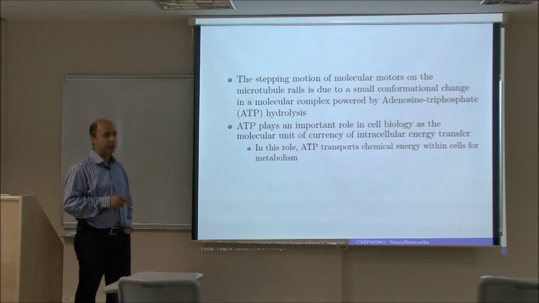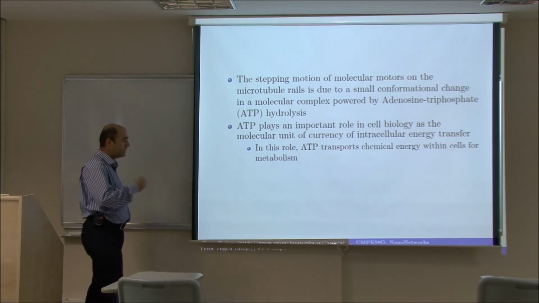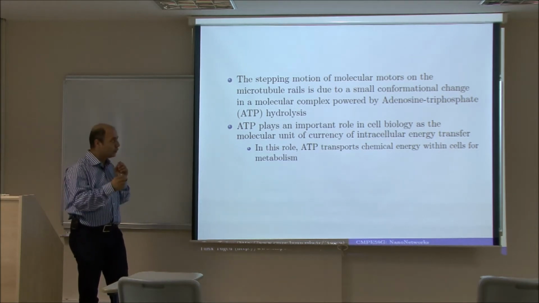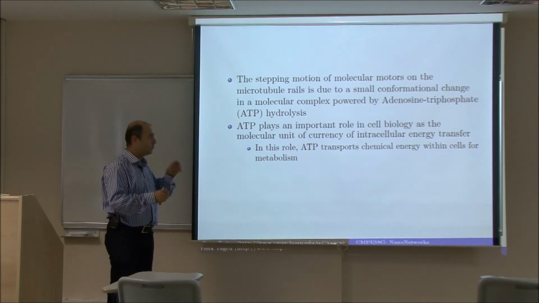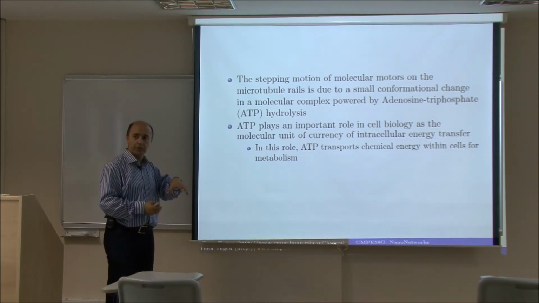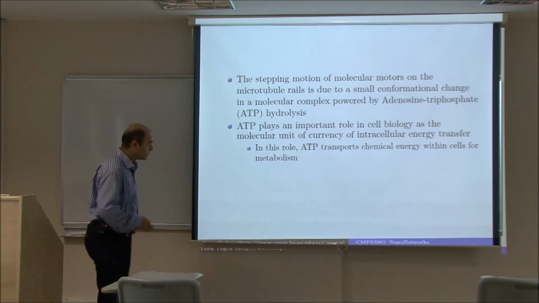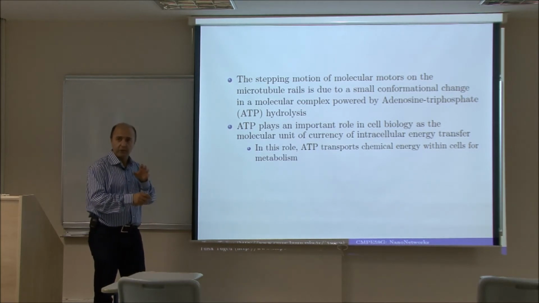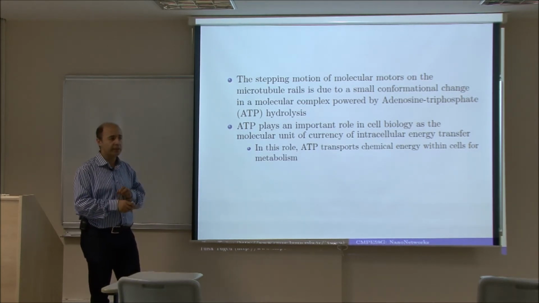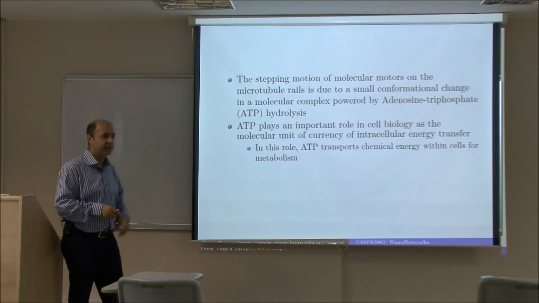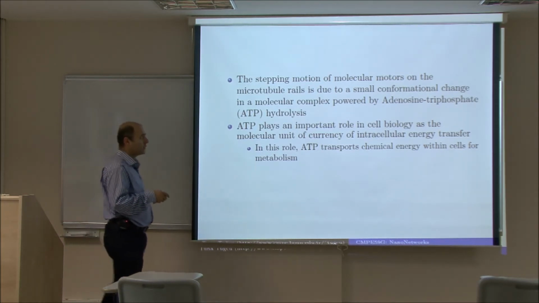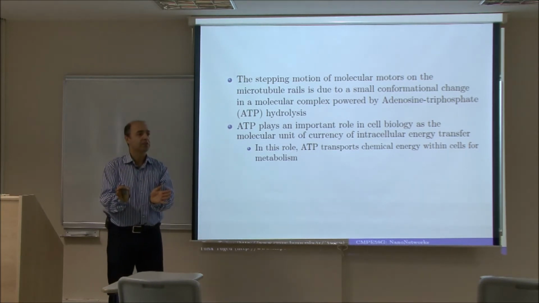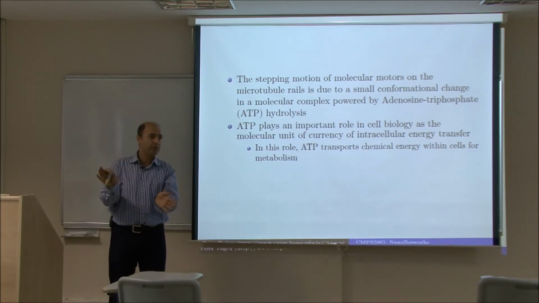So the stepping motion of the molecular motors over these rails is due to what we called last time the conformational change in the molecule that attaches the molecular motor to this rail. Remember, we had the ATP attaching the molecular motor to the rail, the hydrolyzation of ATP to ADP and releasing the phosphate ion causes this conformational change, which means there's a change in the physical structure of the molecule, which changes the shape of the molecule.